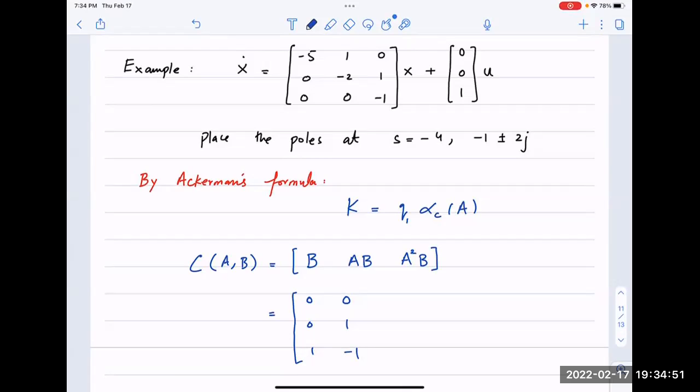And if you do it again, you're subtracting the 2 columns. So 1 minus 0 is 1 here, and then -2 plus 1 is -1, and then a 1 here.